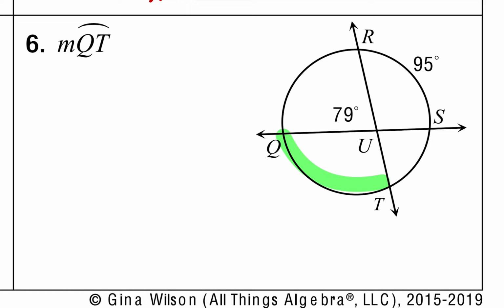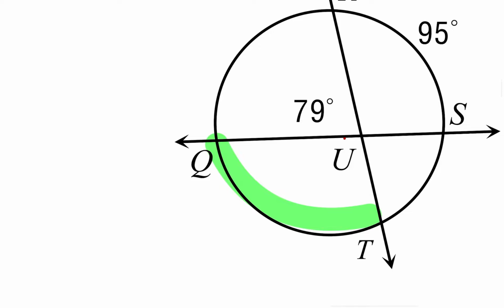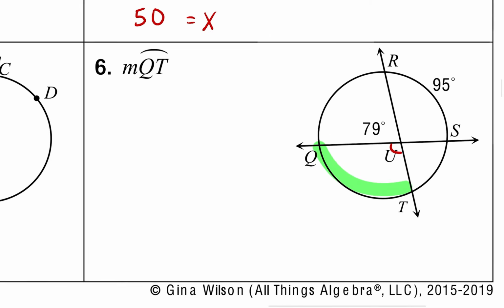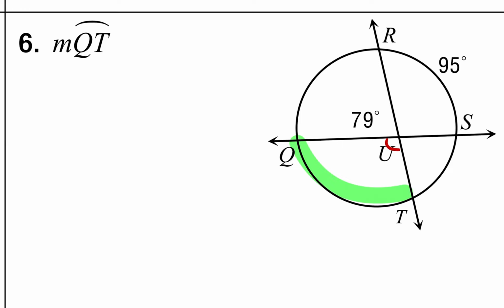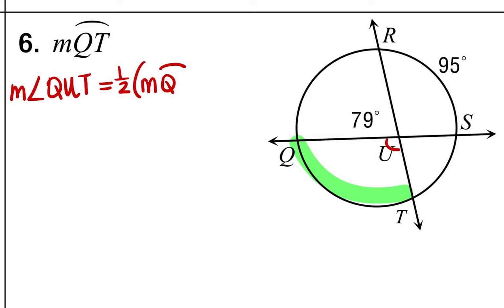And first we need to understand that in order to find arc QT, we would need this angle QUT, because according to what we just took notes on, this angle measure QUT is going to equal 1/2 of the measurement of arc QT, which is what we're looking for, plus, and see if you can figure out which arc I'm going to write here. It is RS.